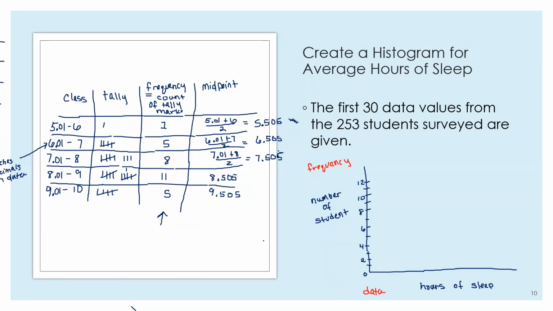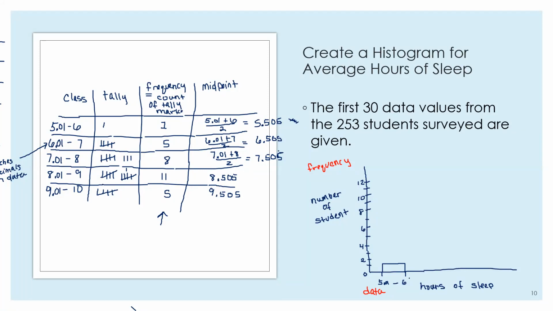And then the hours of sleep, well, we divided those into classes. So my first class was from 5 to 6. So one way of labeling them is to literally put them on, and we're looking at this bottom axis as if it was a number line. So here's 5.01, here's 6, so that's this first class. And there was one person in that category, so we make this bar 1 person tall.